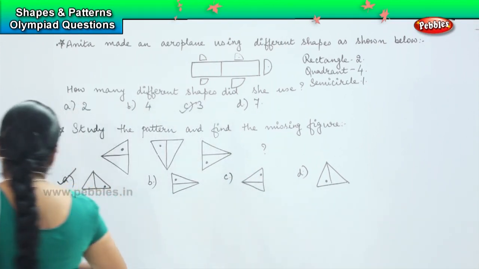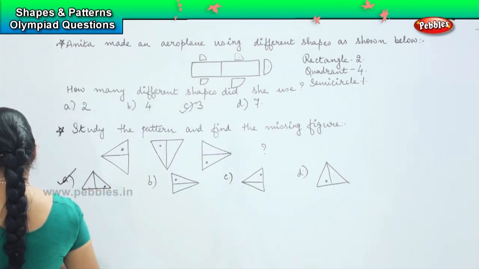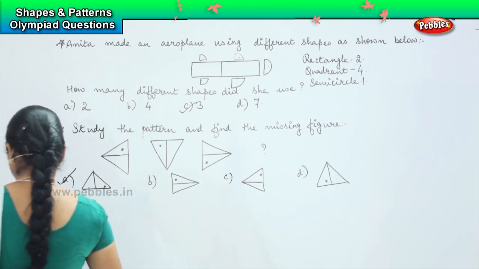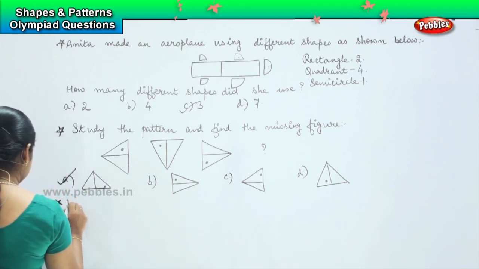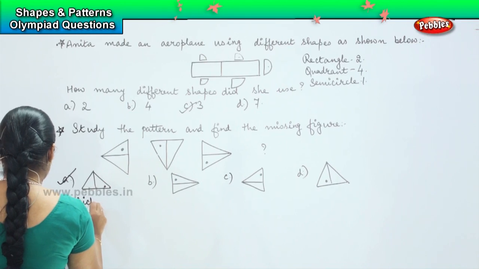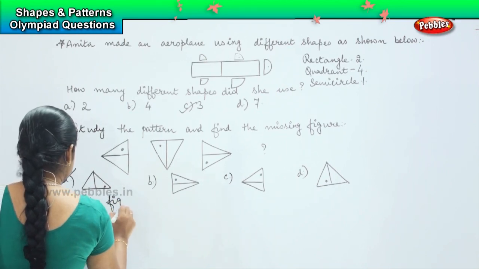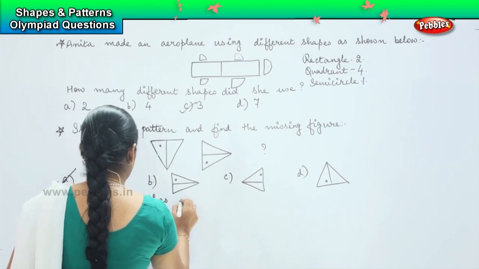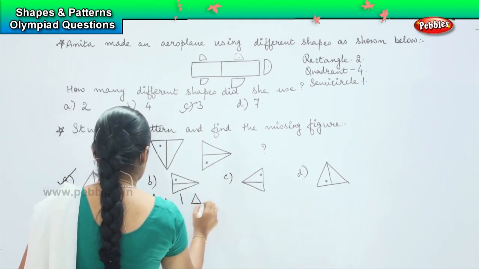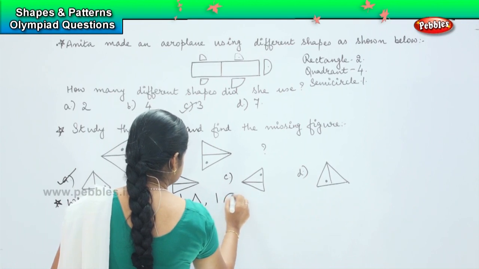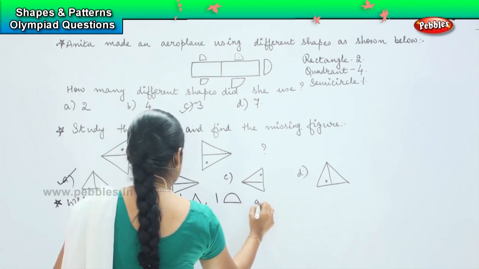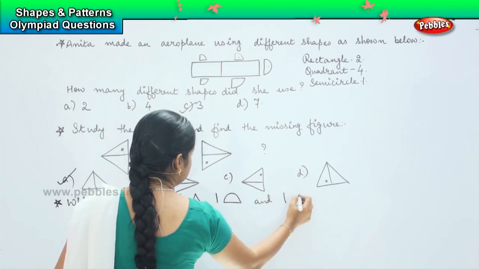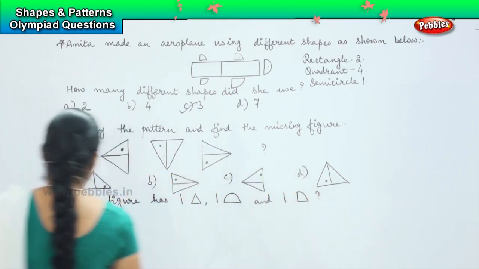Okay. So the question is, which figure has one triangle, one semicircle and one quadrant? Okay.